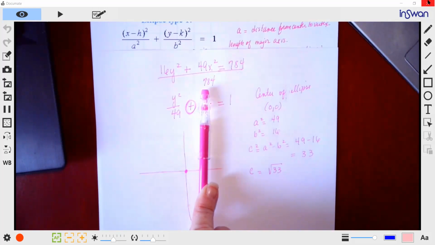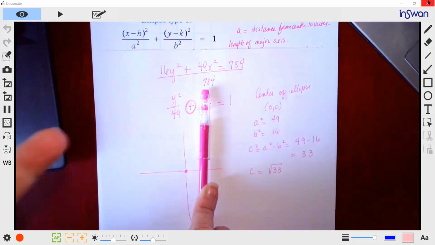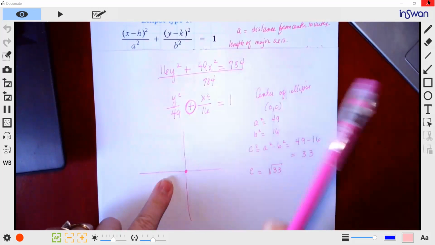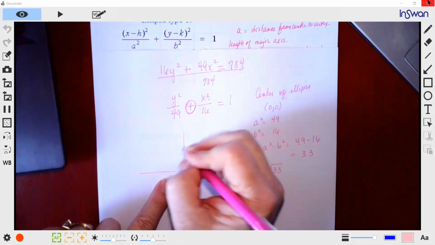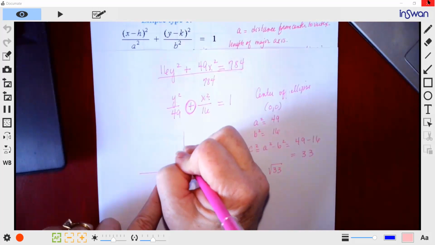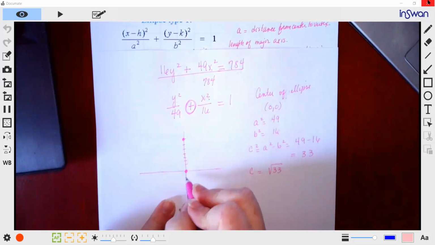Could it be plus or minus 7? Yeah, that's exactly it. Just y squared equals 49 would be y equals plus or minus 7. Excellent. So I have 2 points on this graph at plus or minus 7 for y and 0 for x.